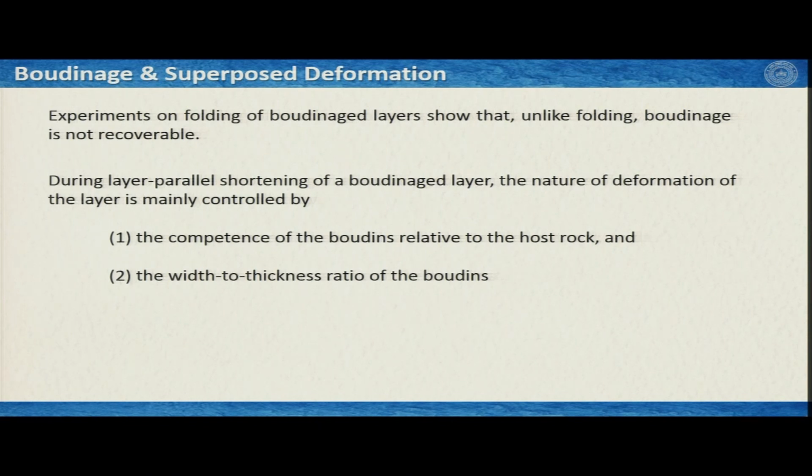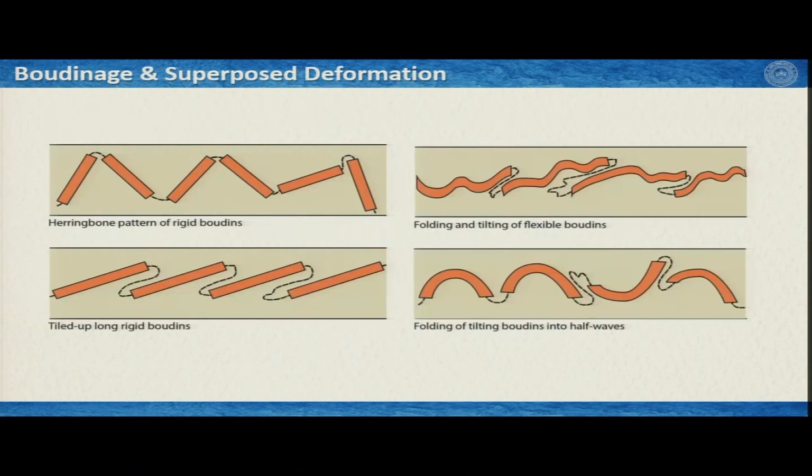And then we have a series of structures that you can produce when you have layer parallel compression in boudinaged layers. So, here are some examples. These are experimentally derived and also observed in the field. So, one is herringbone pattern of rigid Boudins, then tiled up long rigid Boudins, and then folding and tilting of flexible Boudins, and folding of tilting Boudins into half waves.